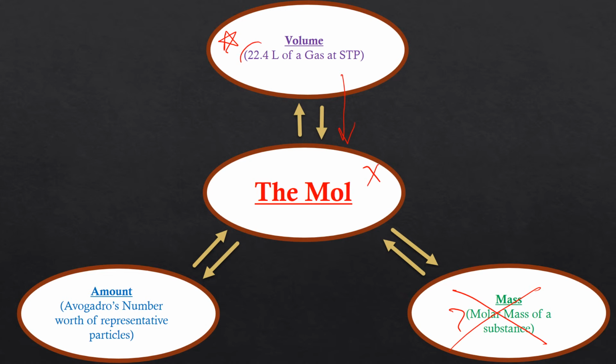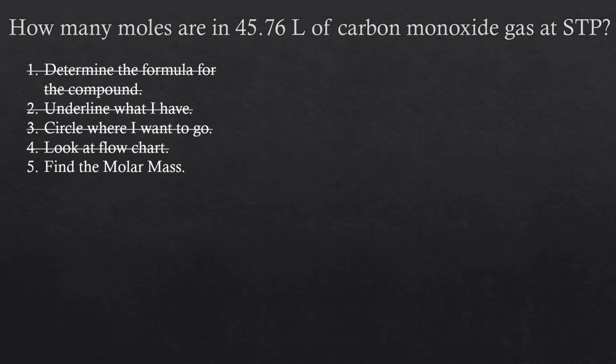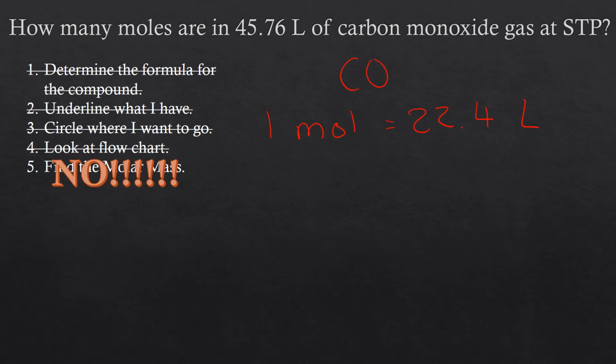I actually need to use 22.4 liters of a gas. So we have carbon monoxide, and 1 mole equals 22.4 liters. That's my conversion factor. So I don't need to find the molar mass. And I just need to use dimensional analysis to solve the problem.